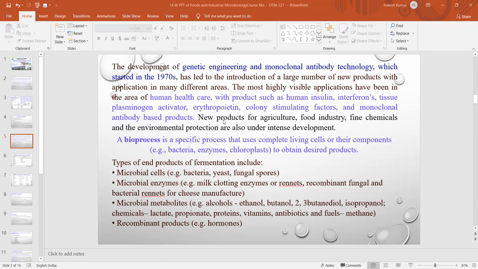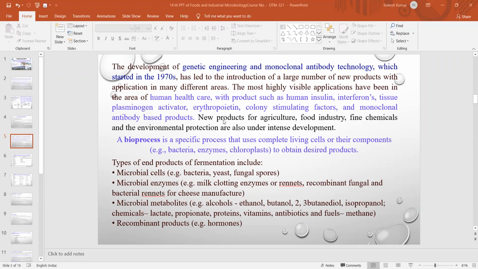The types of end products of fermentation include microbial cells, that is bacteria, and fungal spores. Then we are also producing some microbial enzymes like milk clotting enzymes or rennets. Do you have an idea about microbial rennets? You can also use them for production of recombinant fungal and bacterial rennets for cheese manufacture.